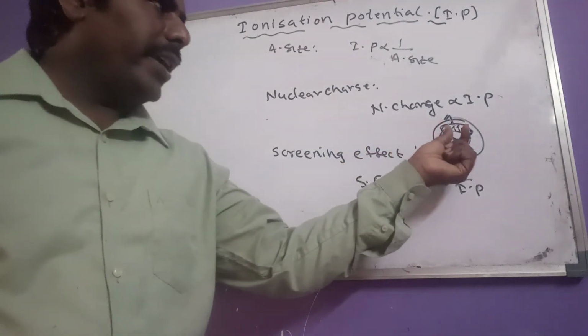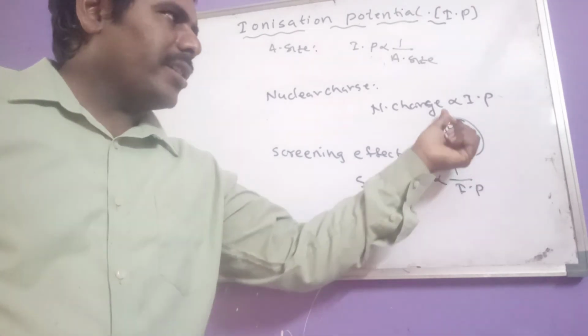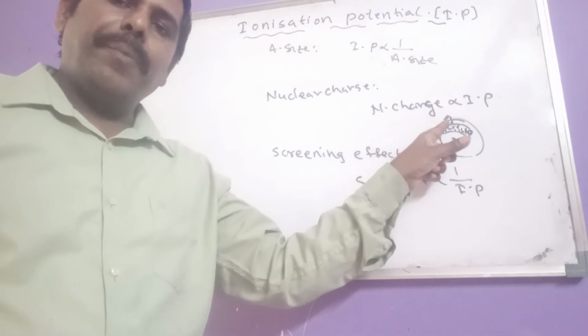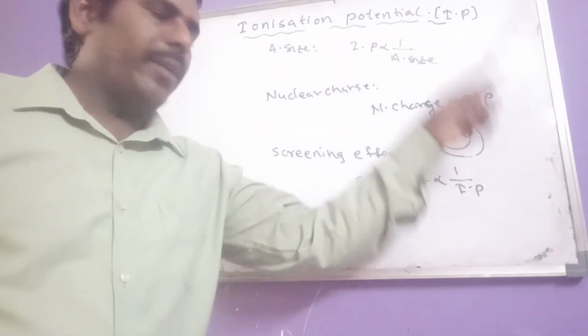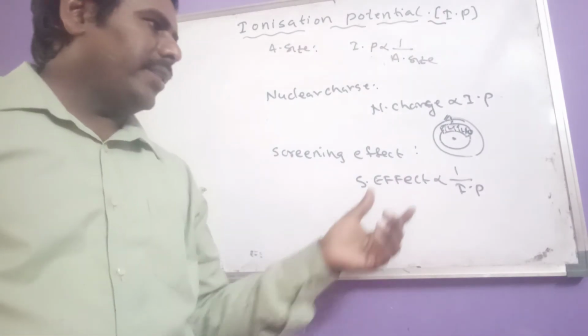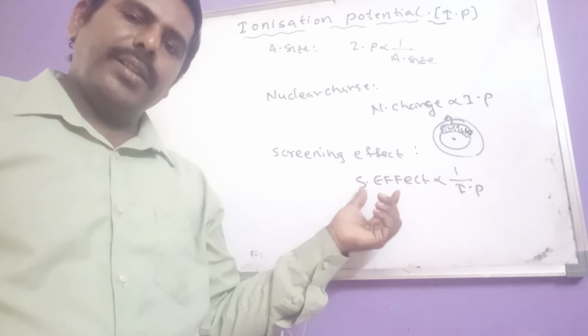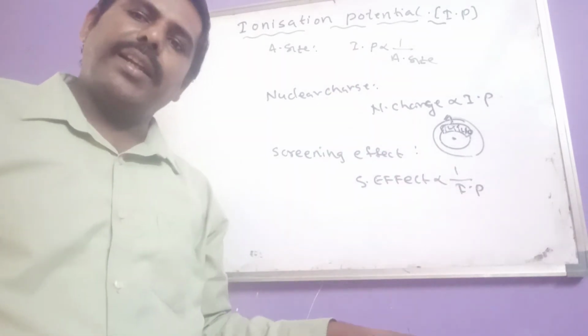That means here, due to screening effect, nuclear attraction on the outer orbit decreases. So this time, by providing less amount of heat energy, we can remove that electron. So like that, as screening effect increases, ionization potential decreases.